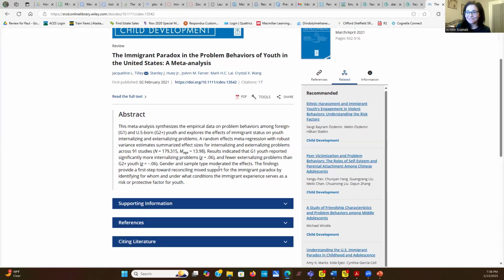They're going to do bad things, right? So they feel like if they feel bad, then they may engage in riskier behavior. Whereas the immigrants maybe don't engage in the risky behavior, do bad things, and get into trouble, but they're still having internal problems, so psychological or mental health type issues.